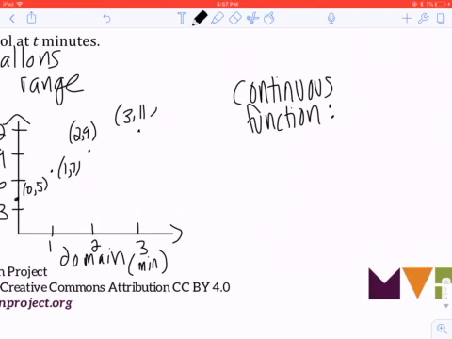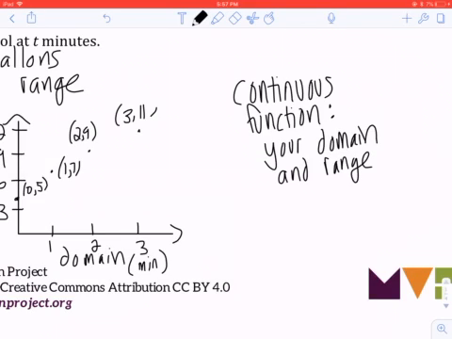Which means essentially that your domain and range are essentially infinite, or can be any values. They're continuous.